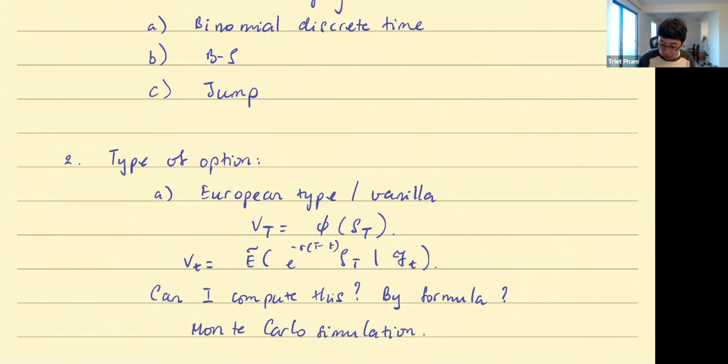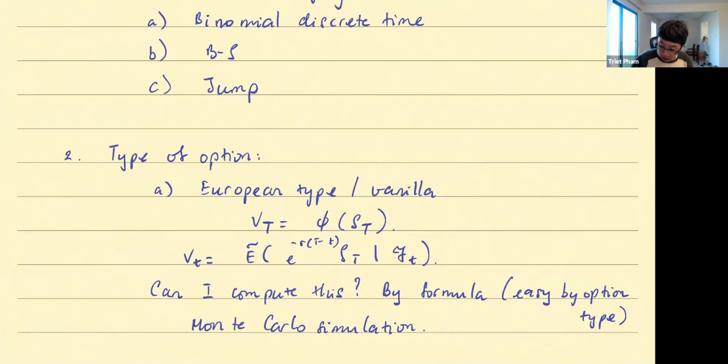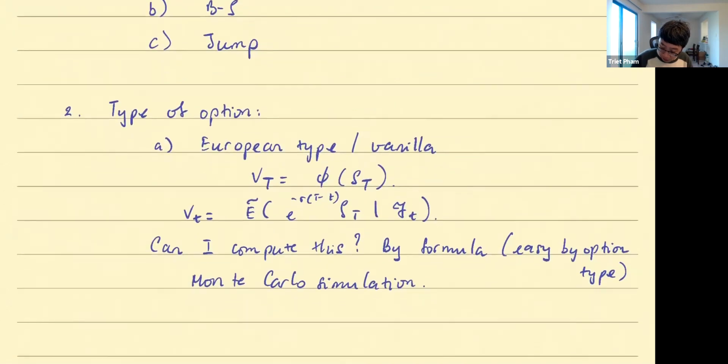But Monte Carlo simulation suffers from a different kind of difficulty. So the formula is easy by option type, and the formula actually got influenced by the model type. So the formula can be hard, maybe difficult. So let me say this. Let me cut this.